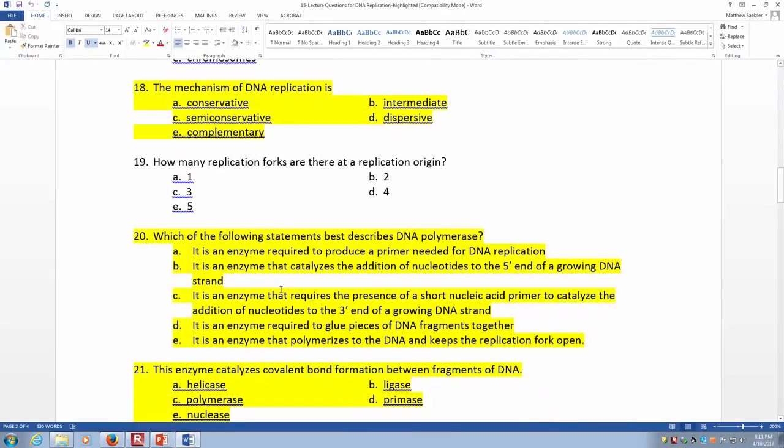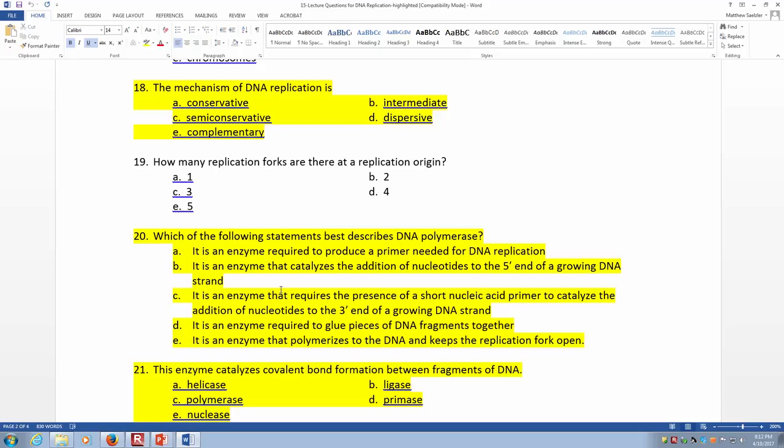Okay, so number 18, this gets to how DNA is replicated. So we said DNA is replicated in what type of manner? Right, C, semi-conservative. 20, which of the following statements best describes DNA polymerase? Right, so that kind of incorporates the two things that I told you about DNA polymerase.